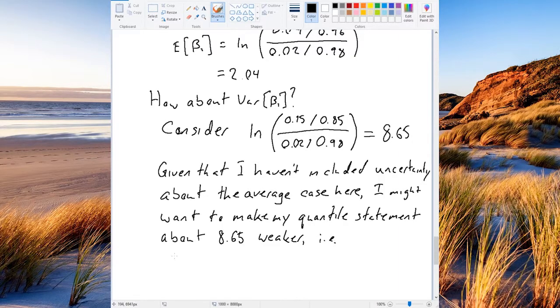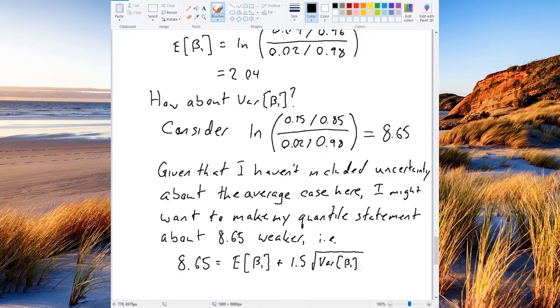For example, 8.65 is equal to the expected value of beta 1 plus 1.5 times the standard deviation of beta 1 instead of 2 times the standard deviation of beta 1.